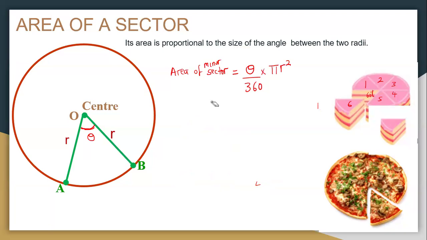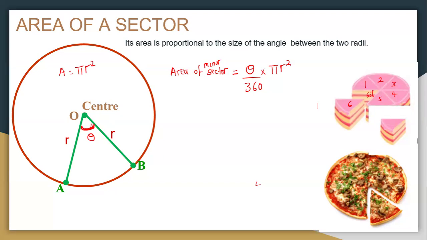Okay, yes. So I want to repeat one more time that whenever we want to find the area of this small portion they have given us, we know very well that the area of a circle is always given by pi r squared. But if you are interested in just one small portion, always look at the angle you have.